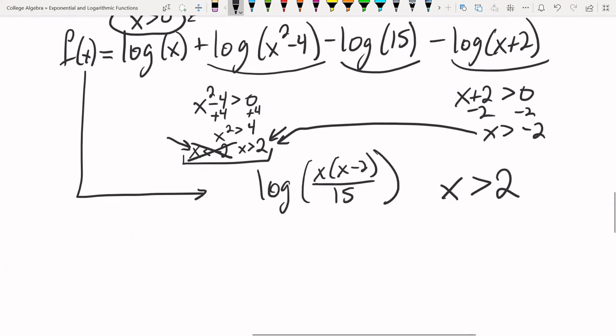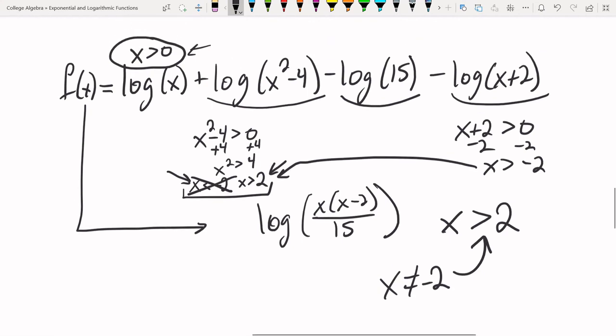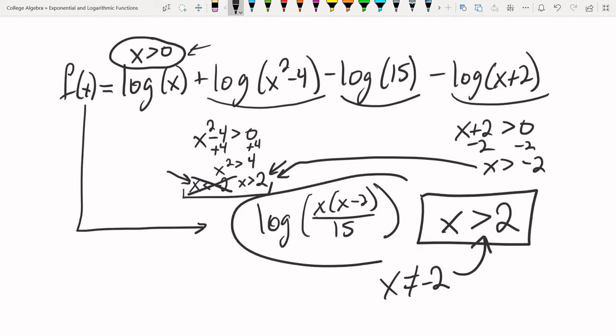However, if x cannot equal -2 and x must be greater than 2, that already satisfies it. So our final domain for this whole problem is x must be greater than 2. That's the only way we can plug things into this logarithm and still have this original function work.